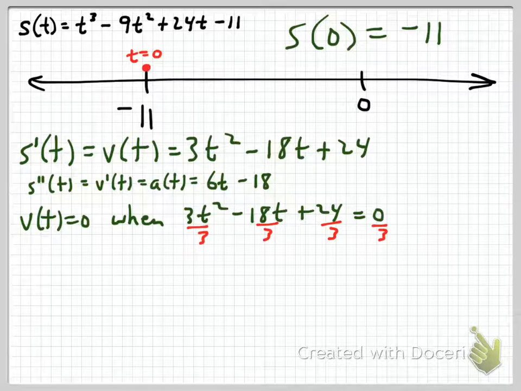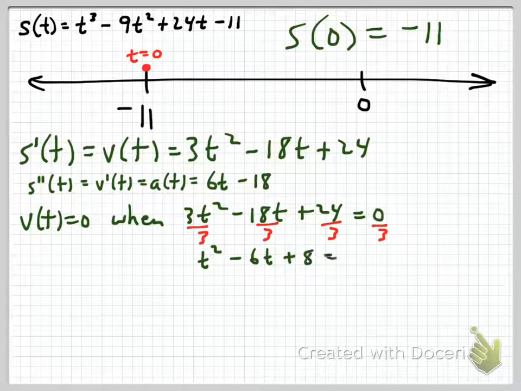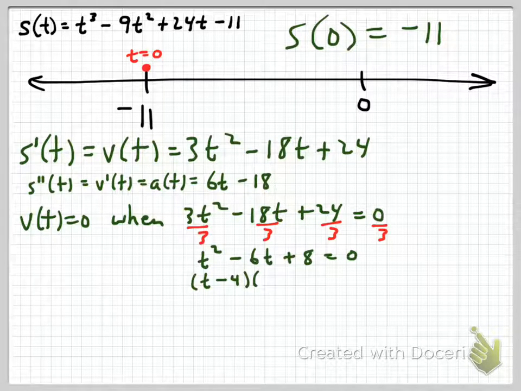And when we divide the first term by 3, we get t squared. Dividing the second term by 3, we get negative 6t. And then dividing the third term by 3, we get 8. Okay, is equal to 0. So that's a much easier function to go ahead and factor. So we can see the left side factors as t minus 4 times t minus 2 is equal to 0. So it's nice, we have nice round numbers to deal with.